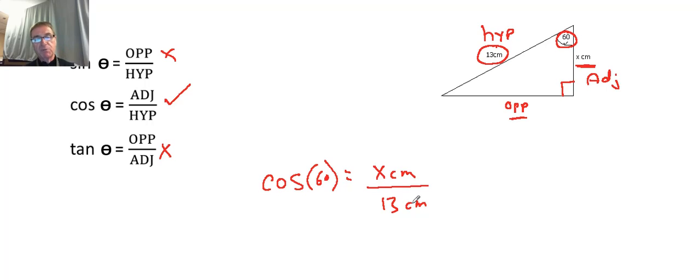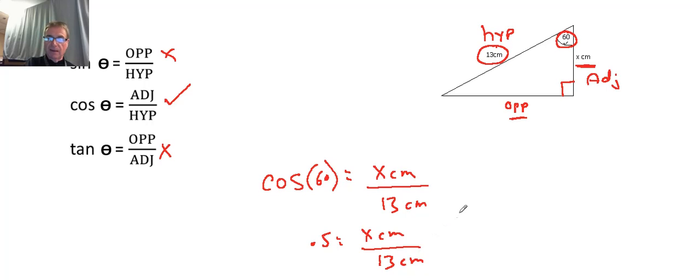Okay, so let's first plug into my calculator the cosine of 60 degrees, and that should be 0.5, and it is. So 0.5 is equal to x centimeters divided by 13 centimeters. And again, if I just cross multiply here, 0.5 times 13 is 6.5.